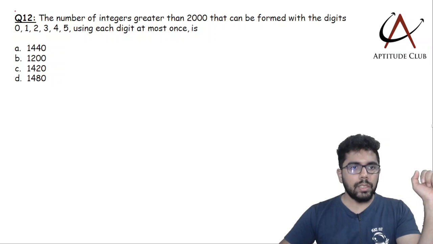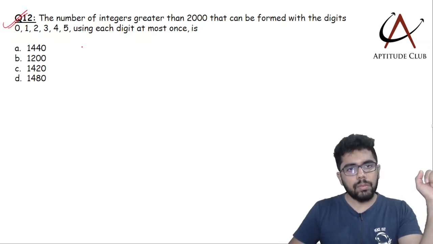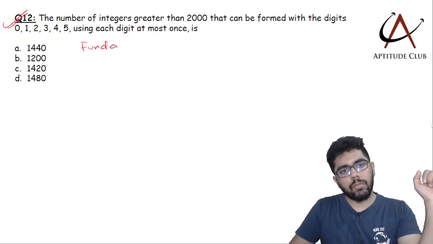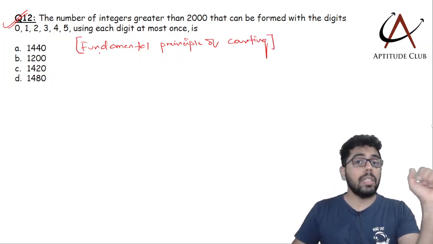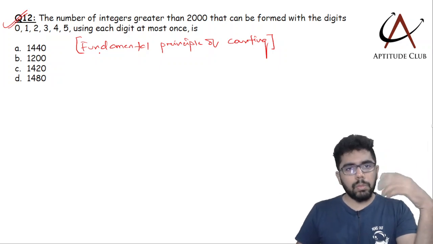Okay, let us see this question. Fundamental principle of counting. Permutation, combinations, and this question is directly from there. This time the questions were really good, not in terms of difficulty, but in terms of variety.